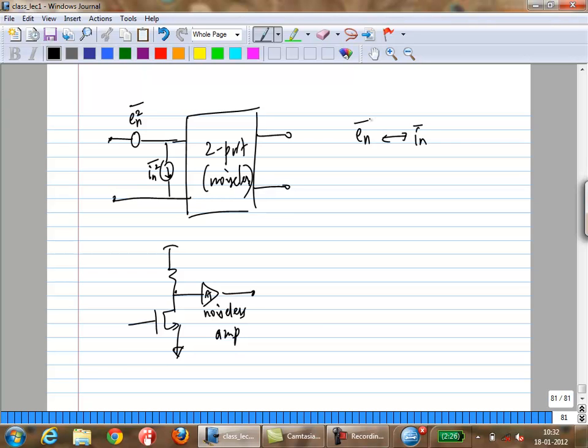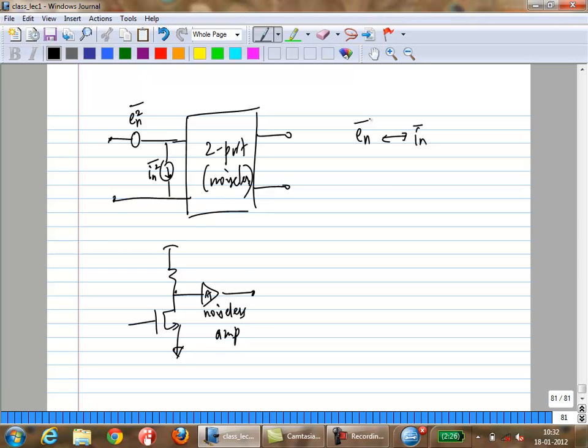Okay. Let us say you're trying to find out En and In. In general, you'll find that En and In both have components from the same noise sources inside. So inside here you may have 5, 10, how many ever noise sources, thousands of noise sources.